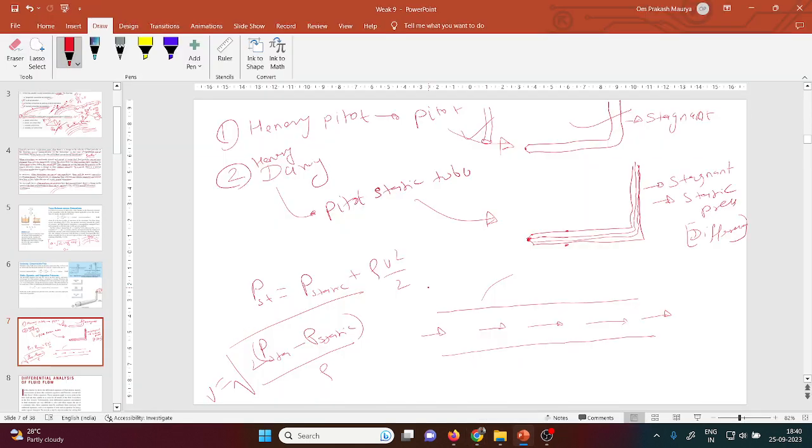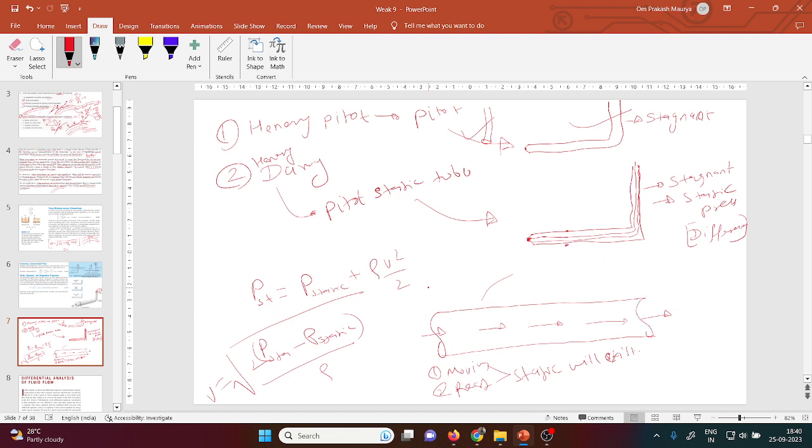Whether the fluid is moving or at rest, in both cases P static will exist. How? Let's say this is a pipe flow.